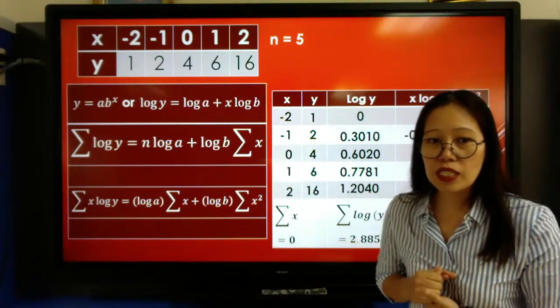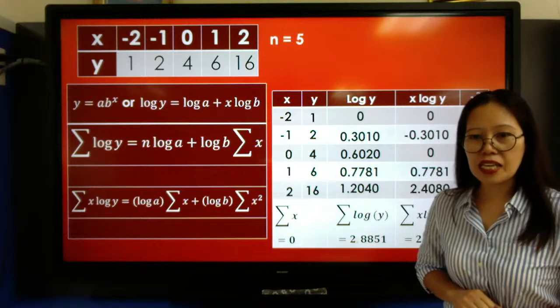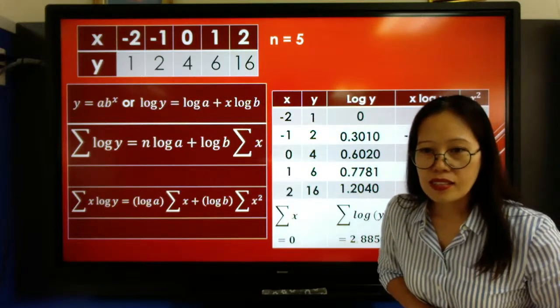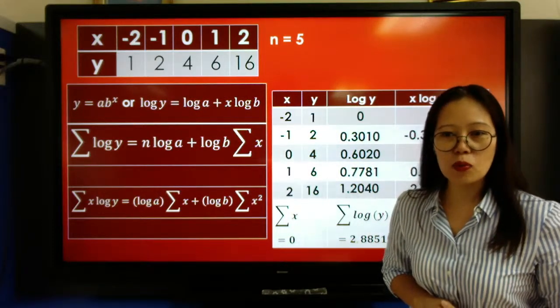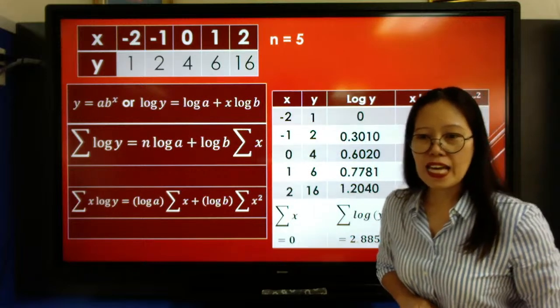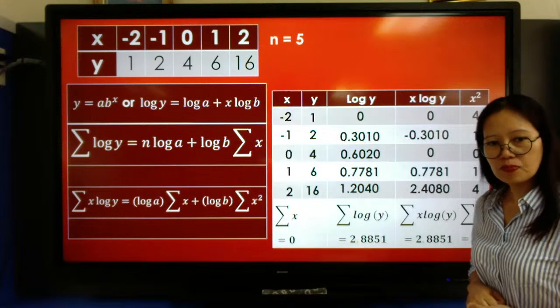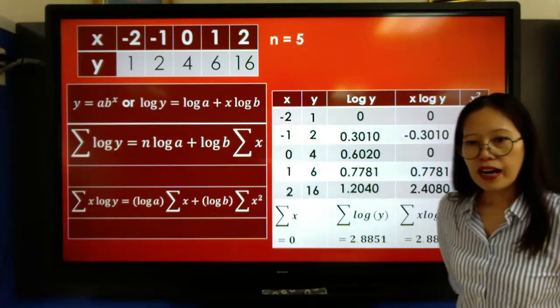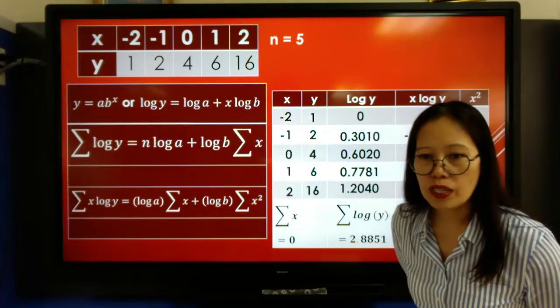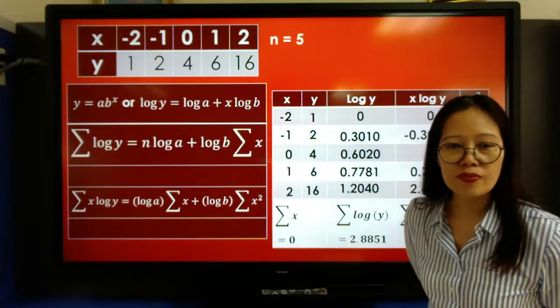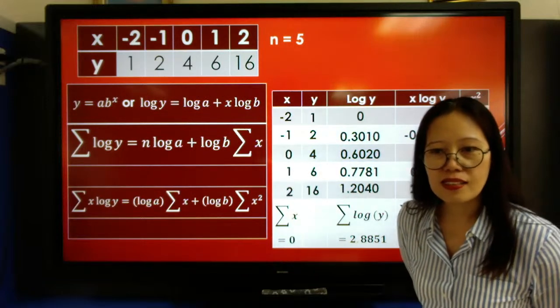So what would be the next step after completing our table? Anyone who can tell me the next step?